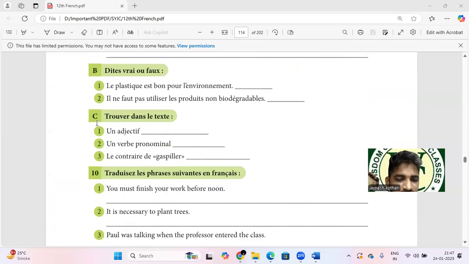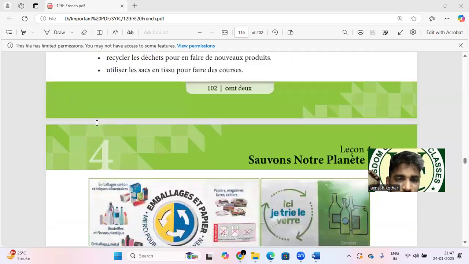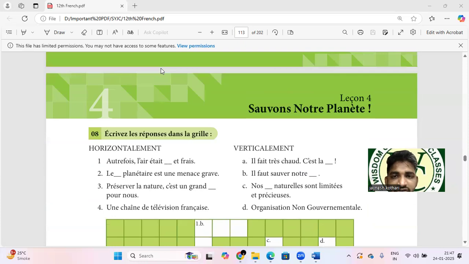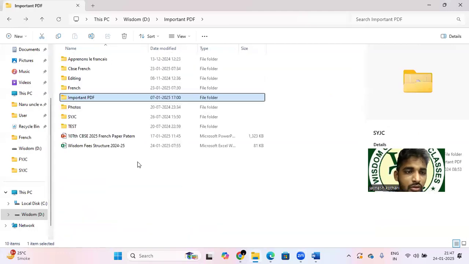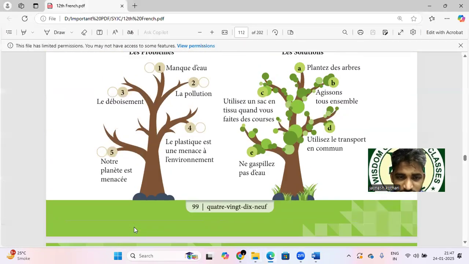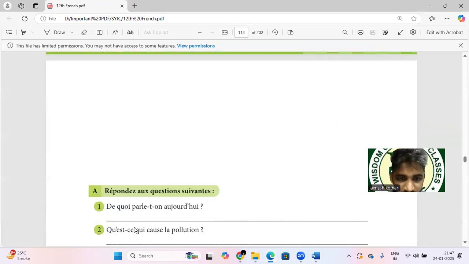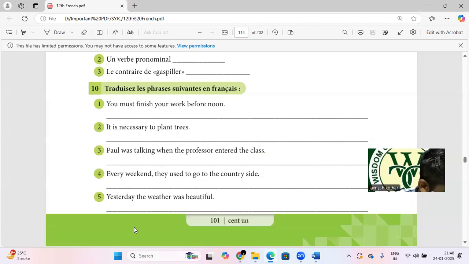Do not miss out any of such stuff. We don't have English to French also. Students, what we can do, we can discuss the question answers of this particular chapter, which are really very important. It has importance from your board exam point of view also. Because in your board exam, there is English to French. Oh, okay, we have it. On which page? 101. Yeah, let's do that then.